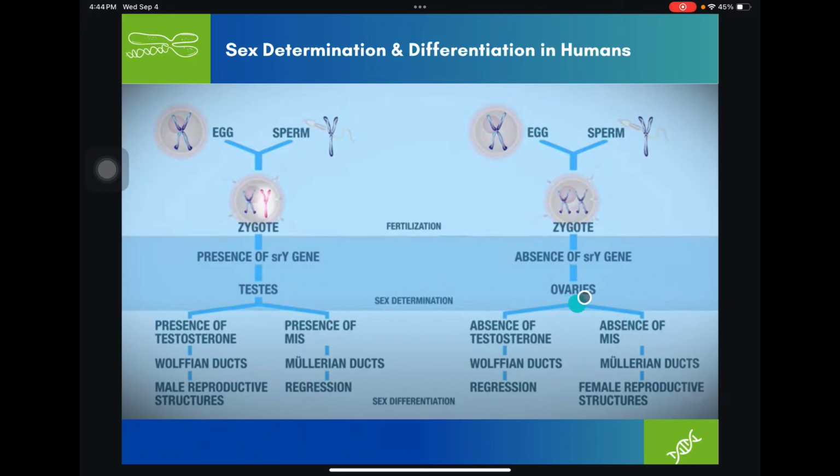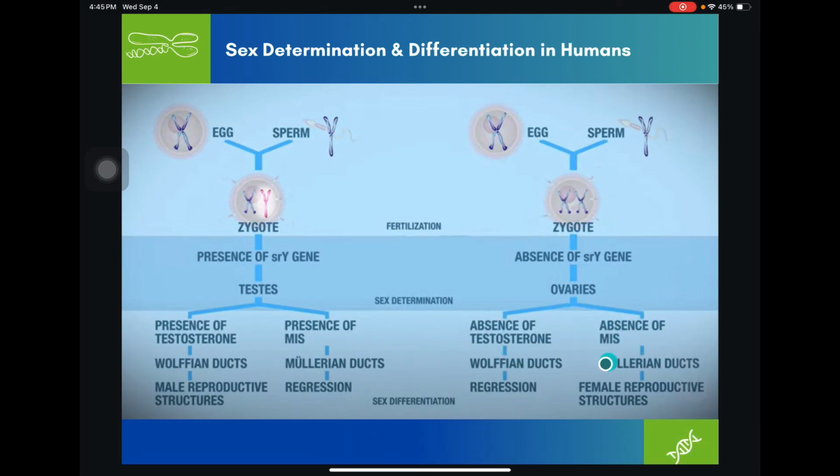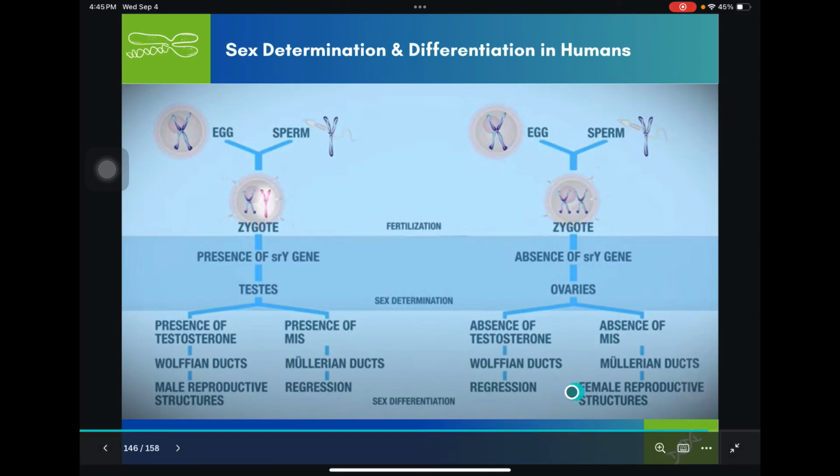If ovaries develop in our growing embryo, there would also be an absence of testosterone and of Wolffian ducts, and as such, the male reproductive structures would regress. Since there is also an absence of the MIS gene, the Mullerian ducts will develop, and the female reproductive structures will continue to develop.